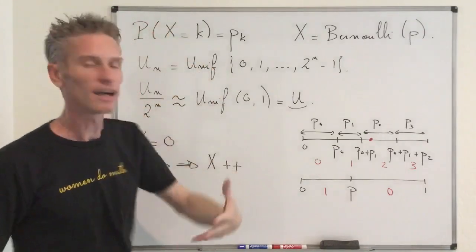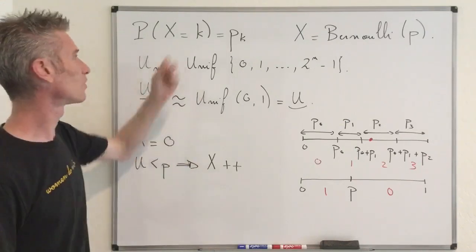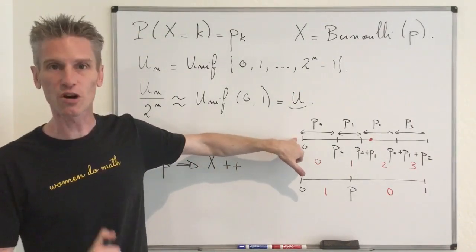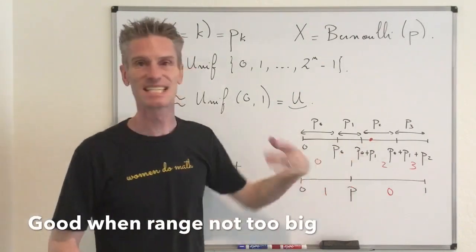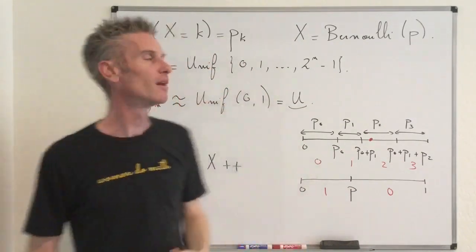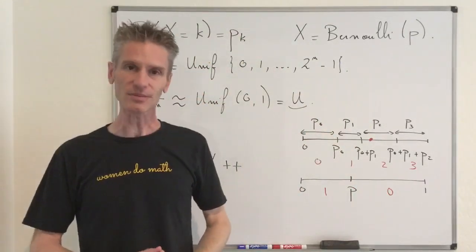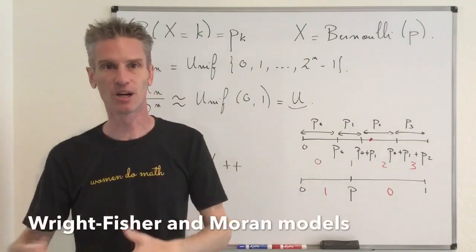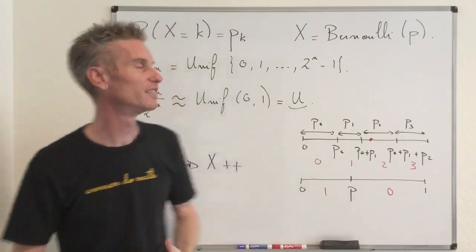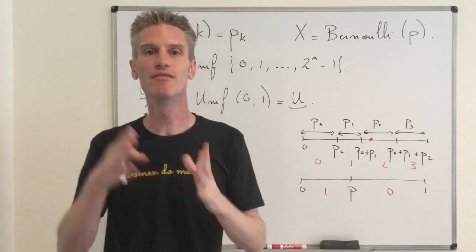Now, in practice, you can easily generate all kinds of discrete random variables using this construction. This works well if the range is small, when the possible number of values of x is not too big. In another video, about the Wright-Fisher model and Moran model, instead of using this approach, we are going to generate a binomial random variable with first parameter n very large.